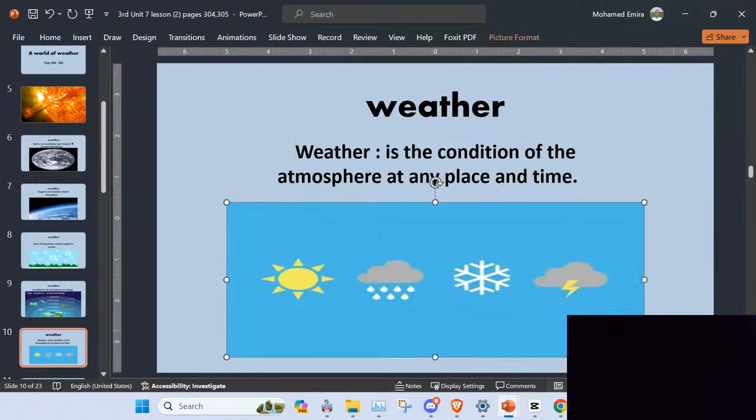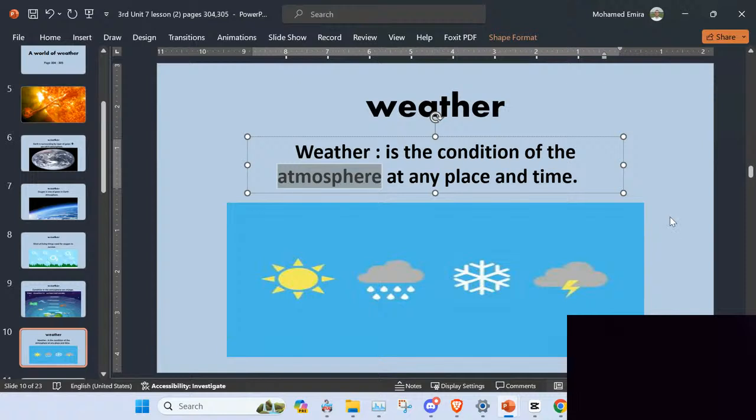The weather we feel now is a little bit cold because winter is coming, so the atmosphere is cold. If you change the condition of the atmosphere, you also have a different weather. Weather is the change in the atmosphere.